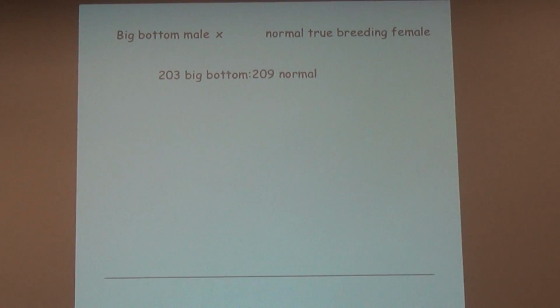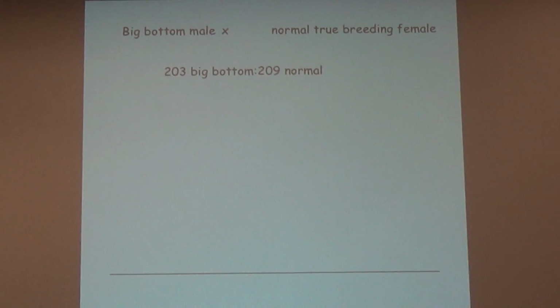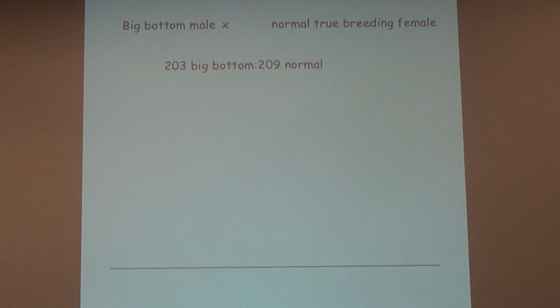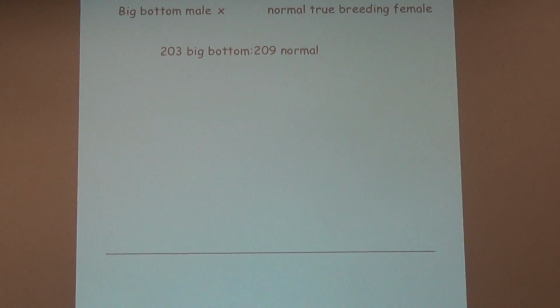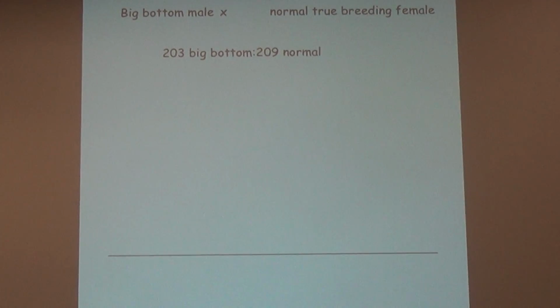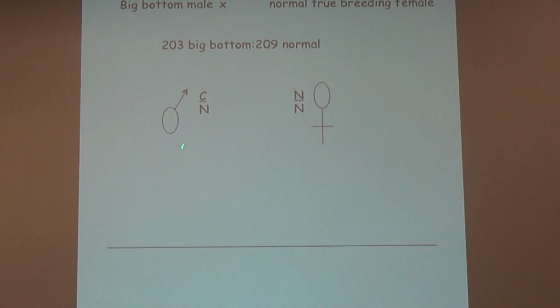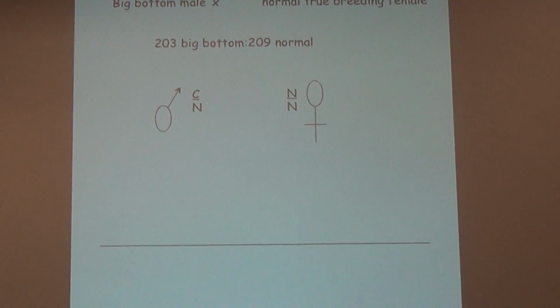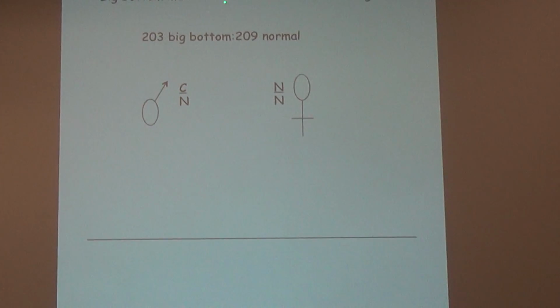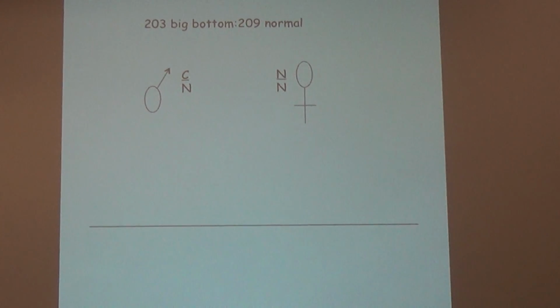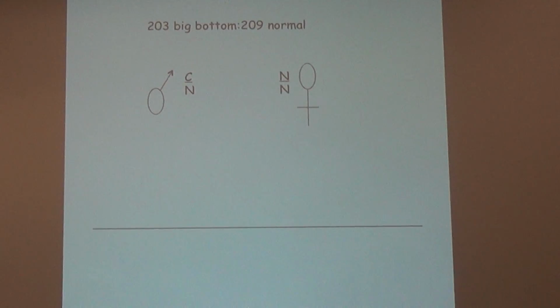So, what's the genotype of the male? Homozygous or heterozygous? Heterozygous, correct? Because you're getting a 1-to-1 ratio in a test cross. So the male is heterozygous, the female is homozygous. And it's likely that the mutant is a dominant gene, correct?